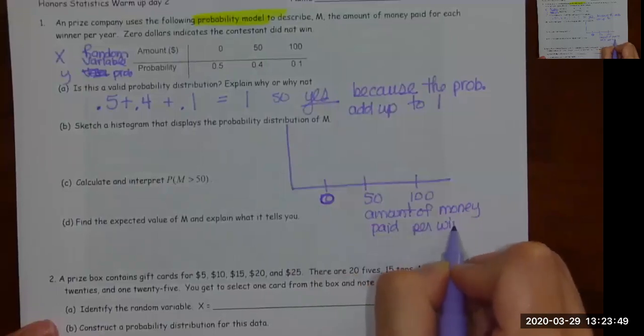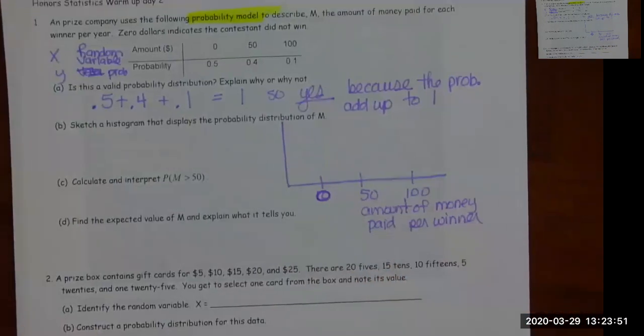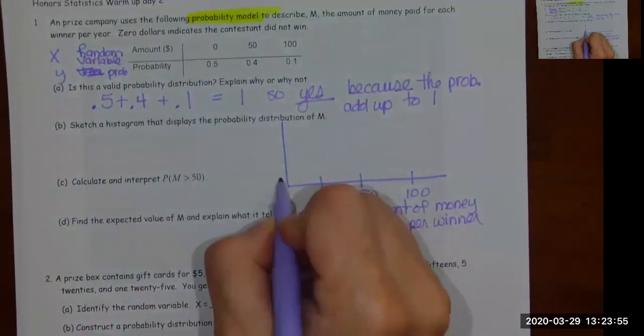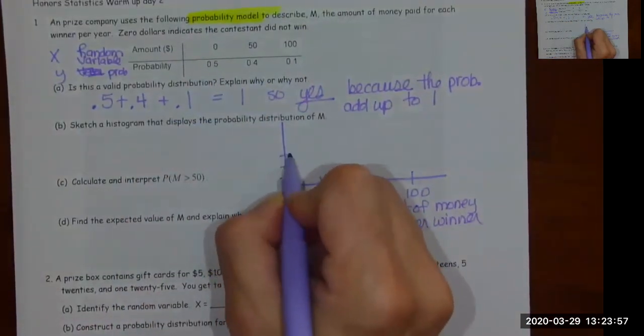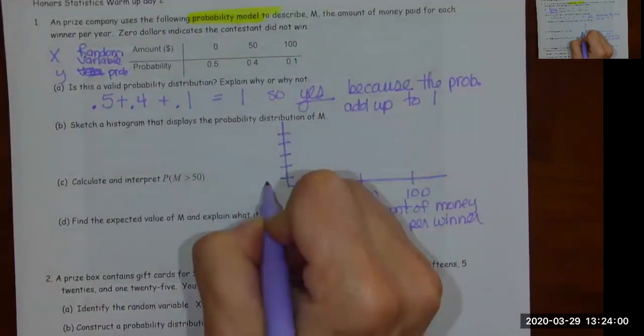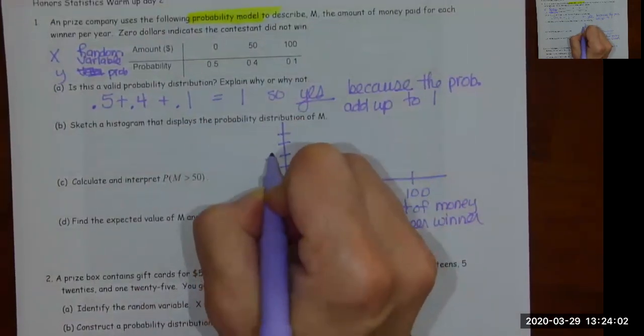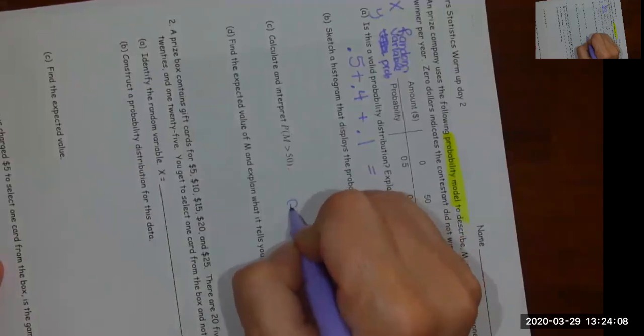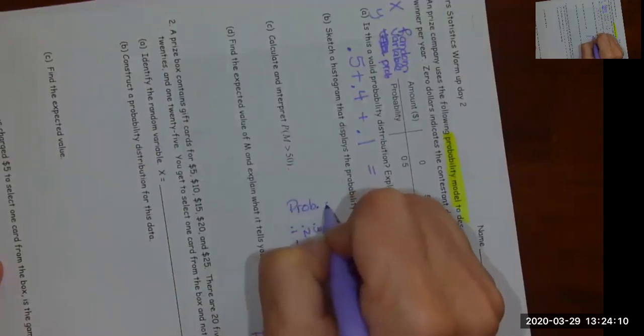We want to be very good at labeling our axes, and then our probabilities went from 0.1 to 0.5. So 1, 2, 3, 4, 5. So over here we would label this probability of winning.